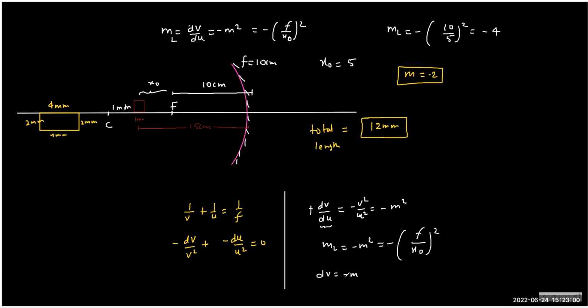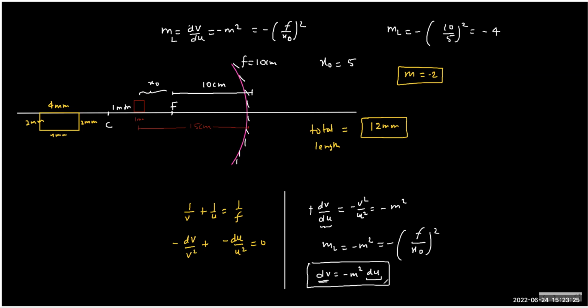So now dv will be how much? It's of course minus m square into du. So this is how you can use, and that's why the stretch of the 2 points on the principal axis will be the m square times the stretch of the object. So the image separation is m square times object separation on the principal axis.